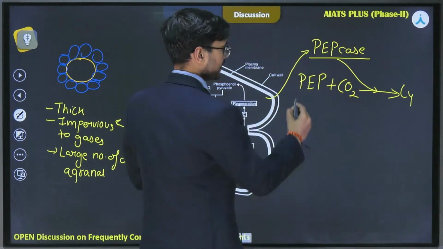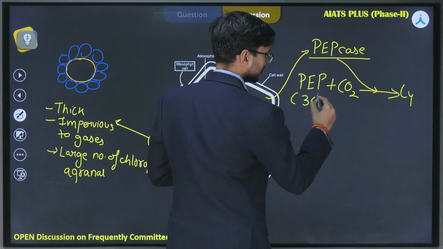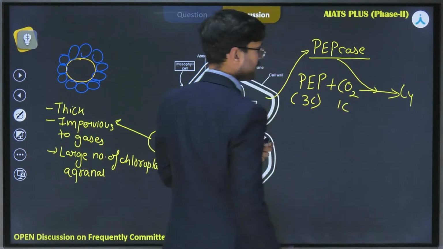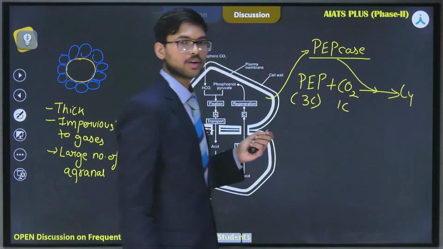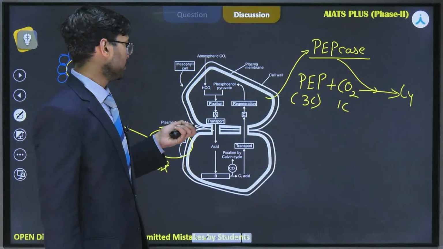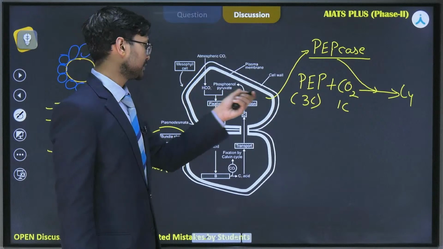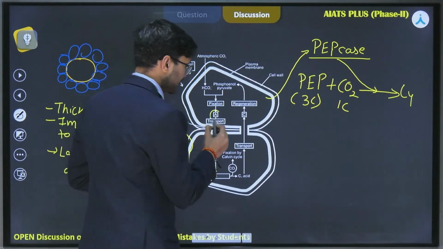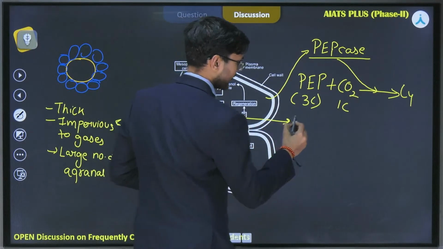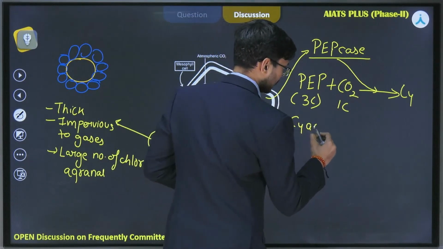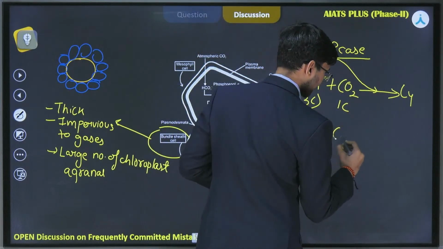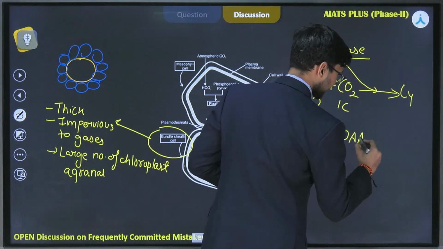Obviously the 3 carbon molecule phosphoenolpyruvate and one carbon molecule will form a 4-carbon molecule. This process is called fixation, and the molecule formed here is a C4 acid. This acid formed by the process of fixation is called oxaloacetic acid.